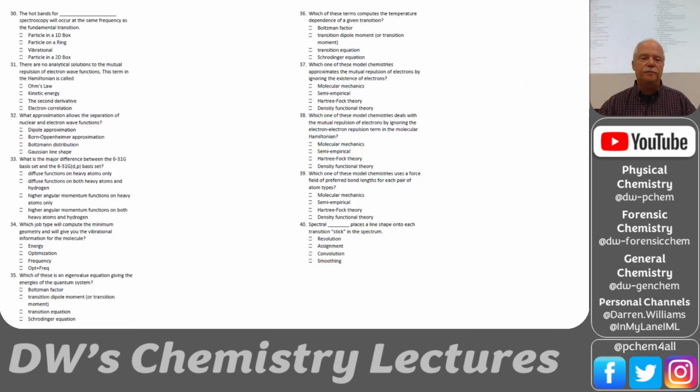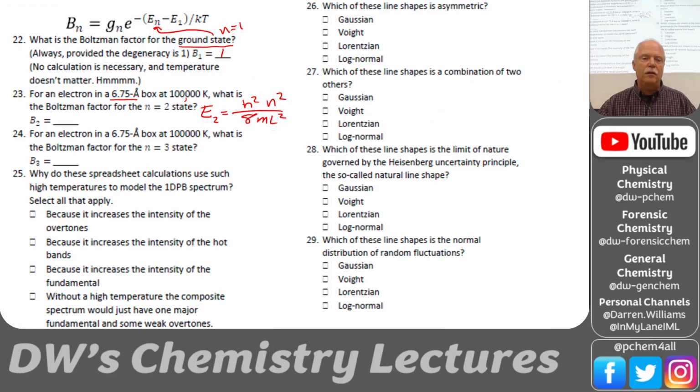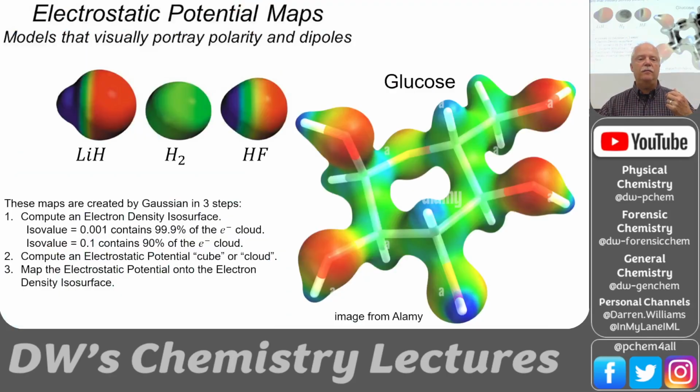Back to the homework. I did put a couple of questions on these electrostatic potential maps. We ran out of time when I talked about it in lecture, so I wanted to emphasize this again.